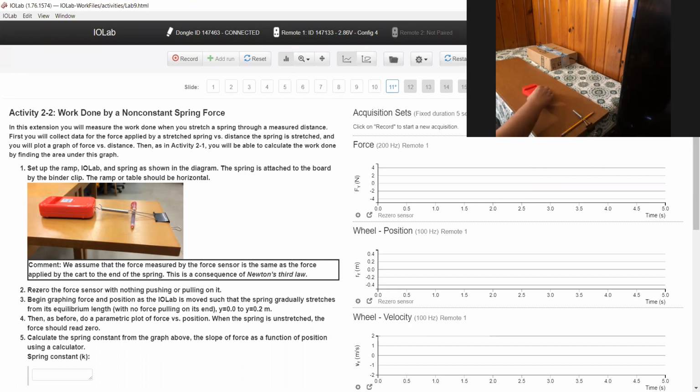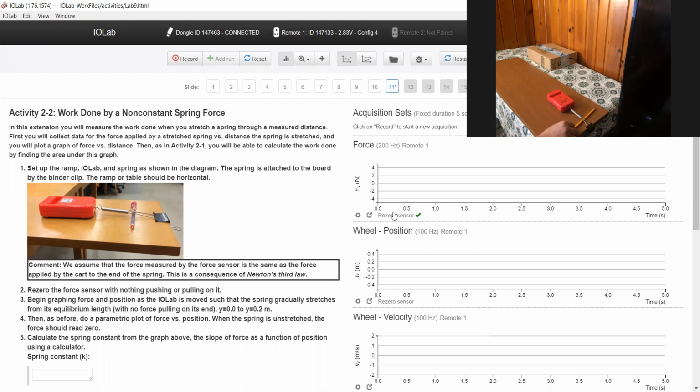In the meantime, I can re-zero the sensor, then put it into the IOLab. If you want to increase the height, you can use the pen instead of the pencil, or make it parallel.